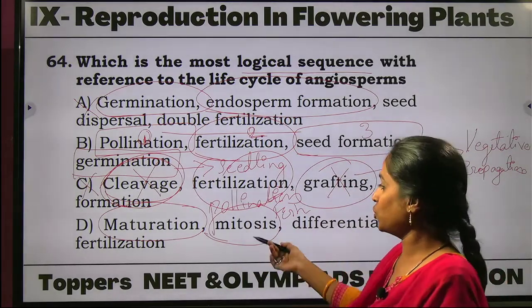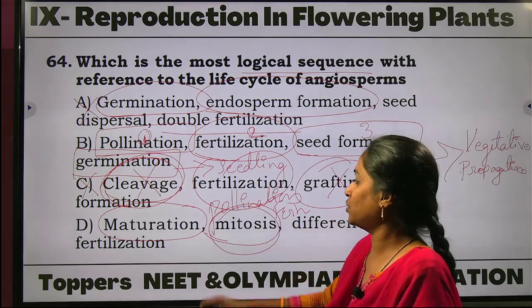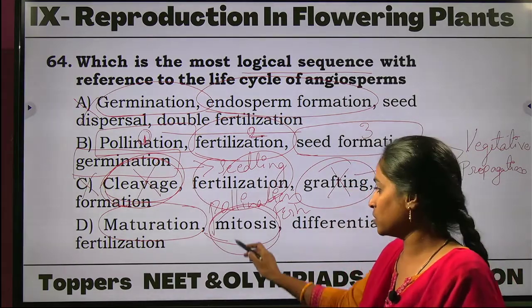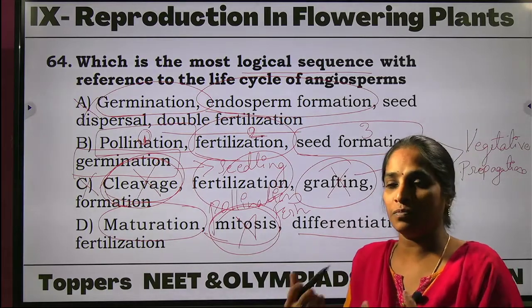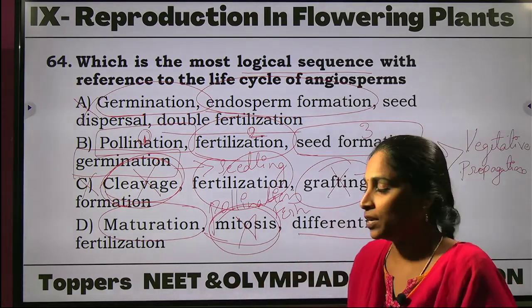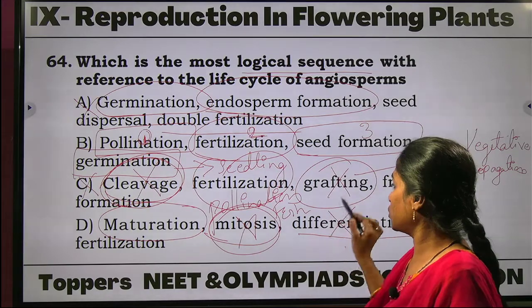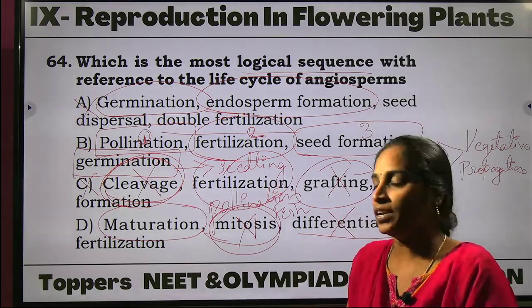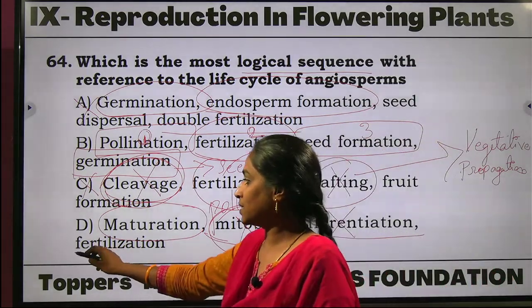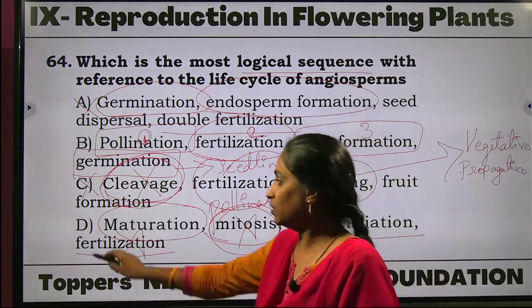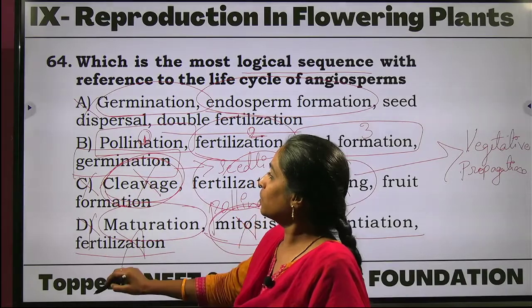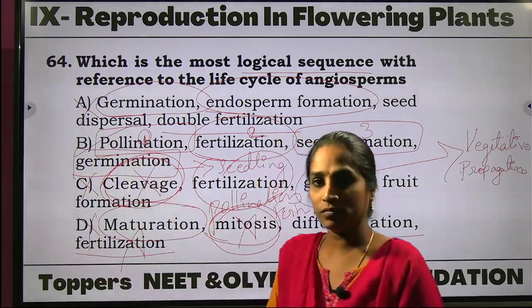The growth of the organs is done by one of the cell divisions called mitosis. It's completely wrong. And differentiation itself: by just observing those we can identify that there is no differentiation role in the lifespan of angiosperms, and at last occurs the fertilization itself. It's completely wrong. Okay, only option B will be the correct one, right?